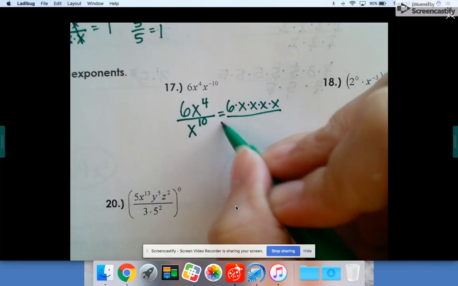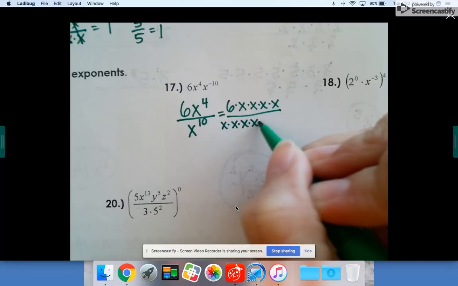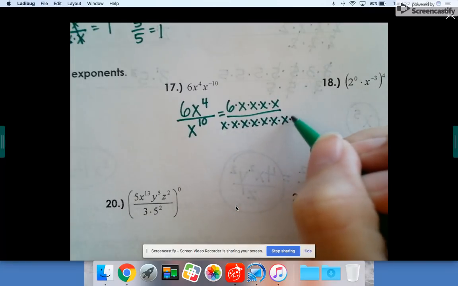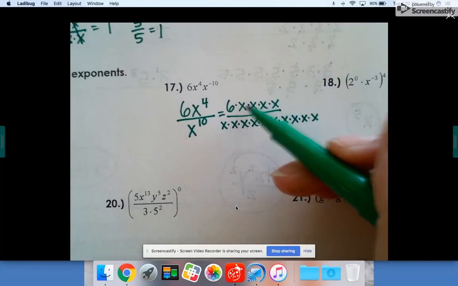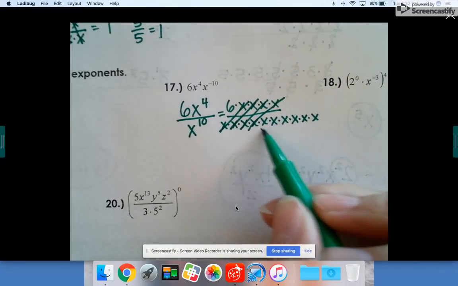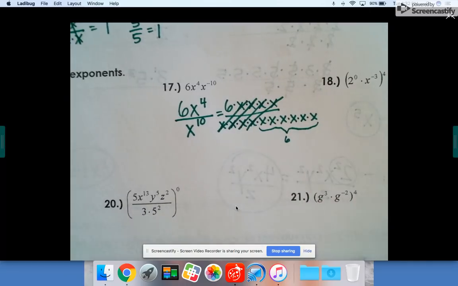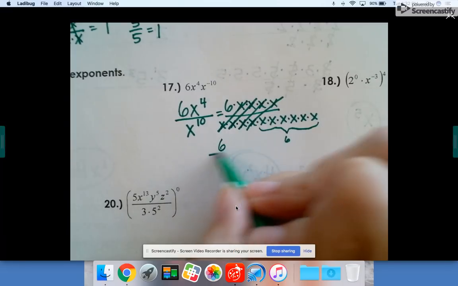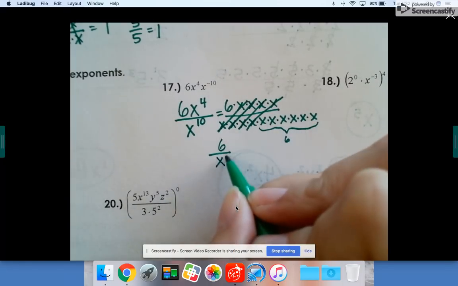On the bottom, we've got 1, 2, 3, 4, 5, 6, 7, 8, 9, 10. These cancel, these cancel, these cancel, and these cancel. So it leaves us with 6 x's on the bottom. So your final answer on here is going to be 6 over x to the 6th.